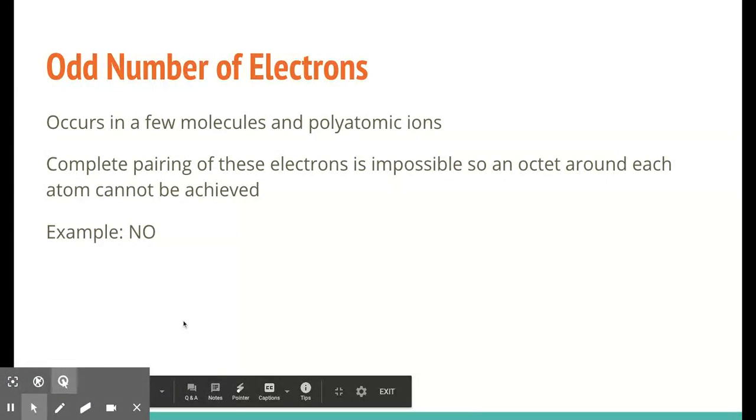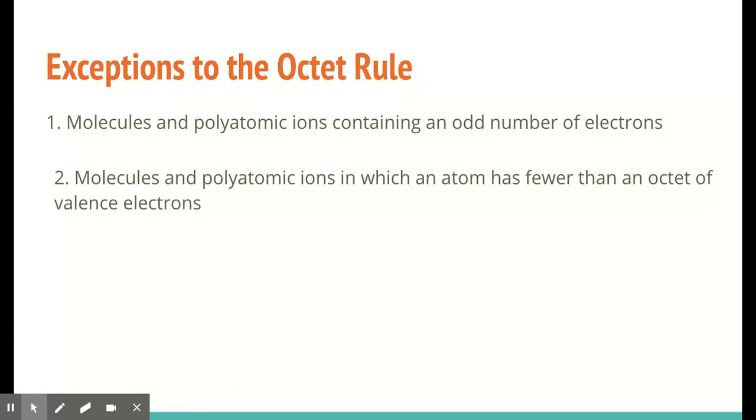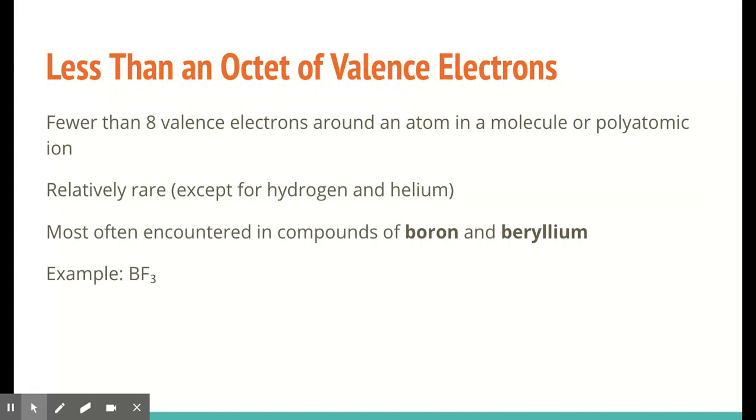So the second exception: molecules and polyatomic ions in which an atom has fewer than an octet of valence electrons. We've talked about a couple of them, thinking of hydrogen and helium.